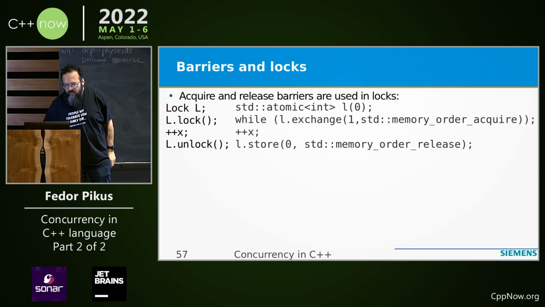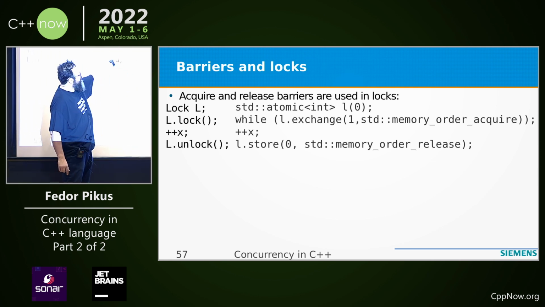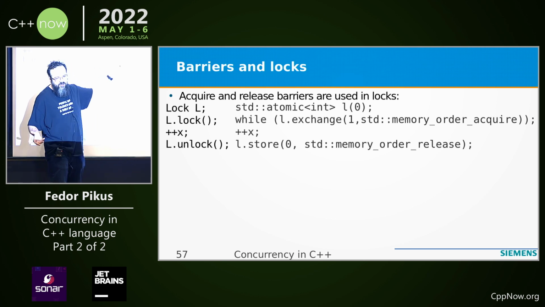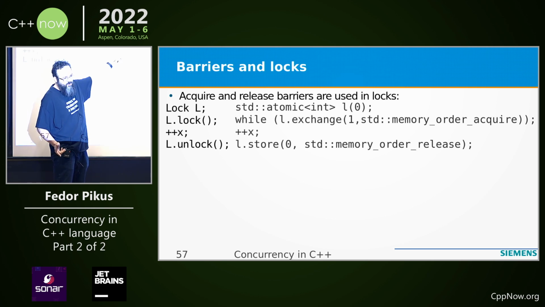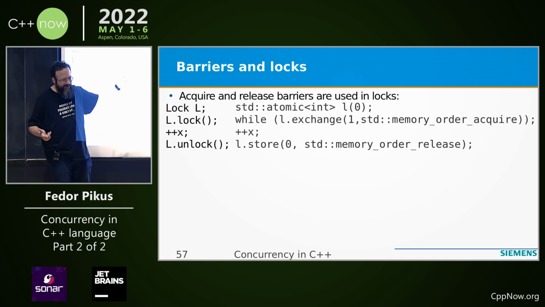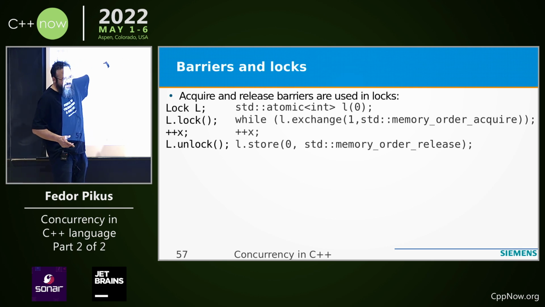In reality, what you do is you exchange it with 1. If you get back 1, you exchanged 1 with 1, so you haven't really changed it, but you know that somebody else held it. You sit there in a while loop. If you got back 0, you know that nobody held it, and you know that it changed to 1, which means everybody else can't proceed through that lock. So now you have your exclusive access.